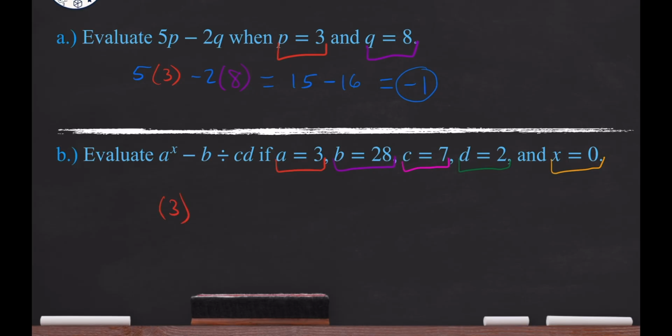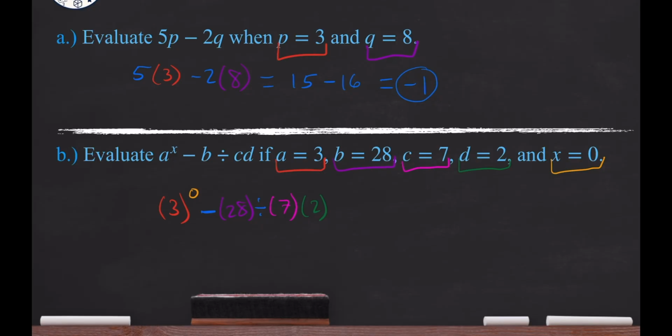We have 3 to the power of x. x was 0. We then go minus, the value of b is 28, divided by c times d. Well, c is 7, so we plug in 7 for c, and we plug in 2 for d. No more letters, just numbers in those spots.